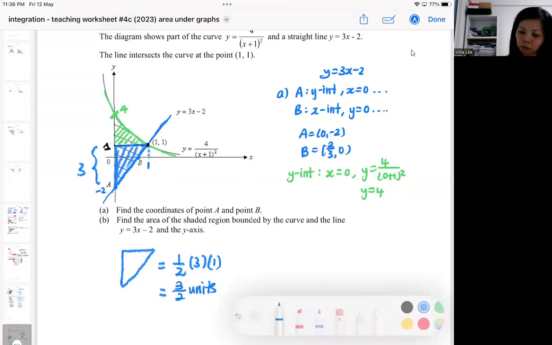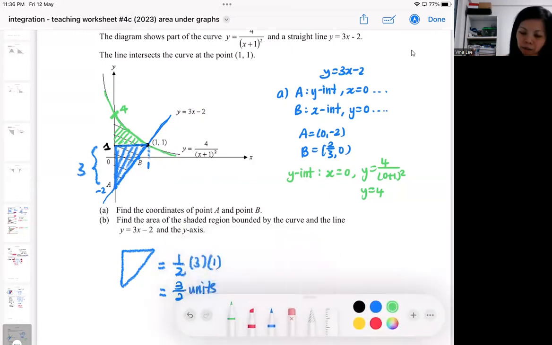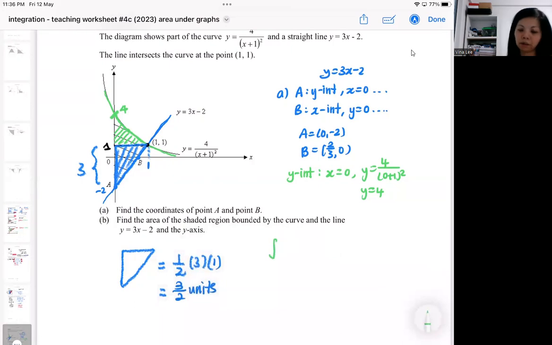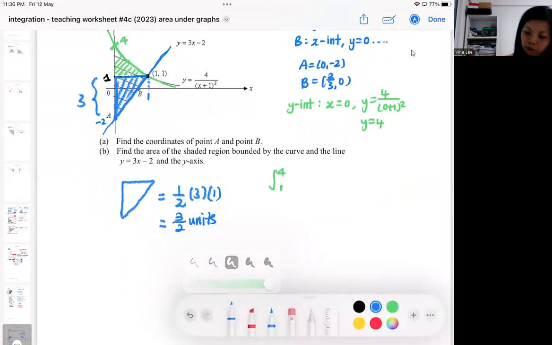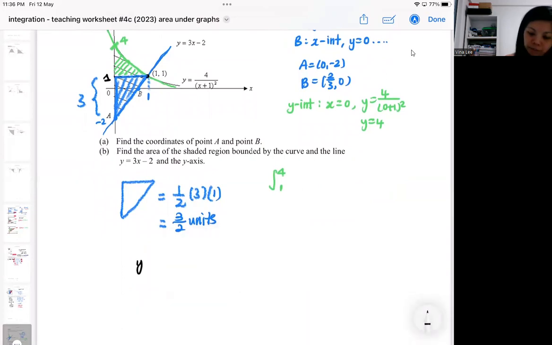Then for the green part, you have no choice because it's under the curve. You have to integrate under the curve using the y coordinate. But because you are using the y coordinate, you actually have to manipulate the equation to make x the subject. So you cross multiply.